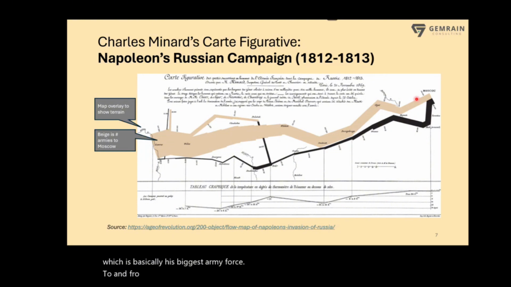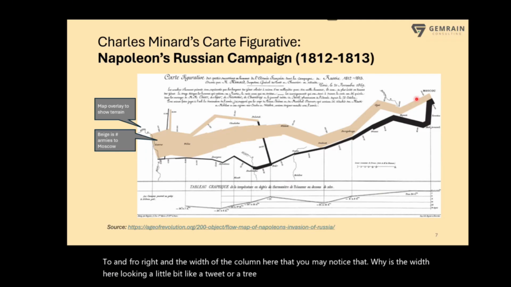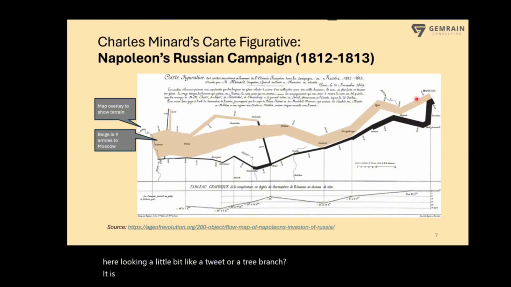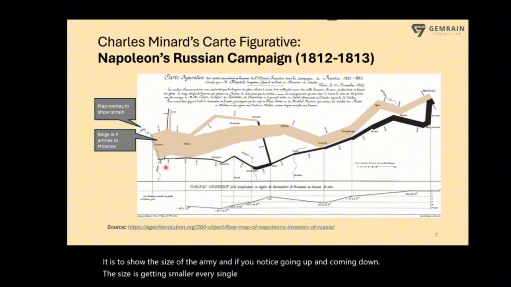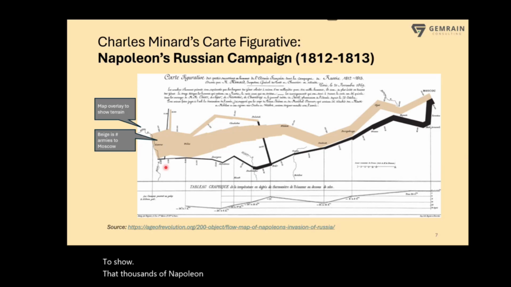And the width of the column here, you may notice, why does it look a little like a twig or a tree branch? It is to show the size of the army. And if you notice, going up and coming down, the size is getting smaller every single time, to show that thousands of Napoleon's soldiers died of disease, of cold, of starvation, and definitely of the Russian attacks, right?